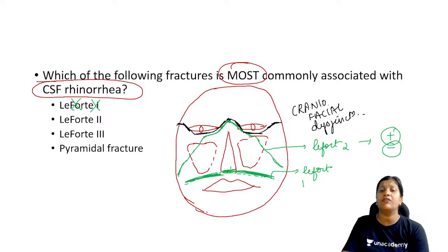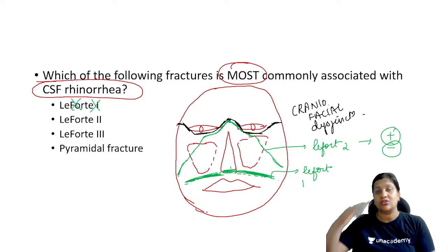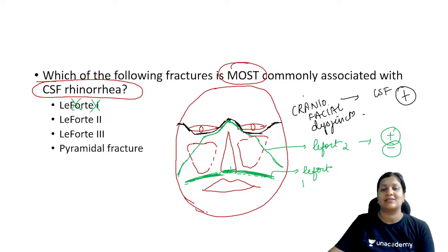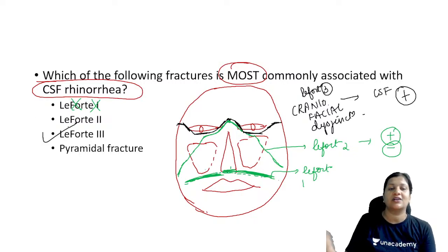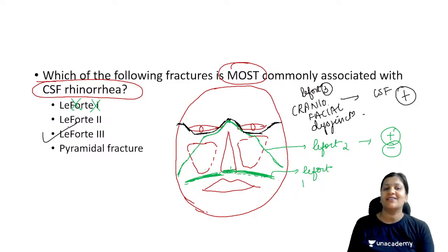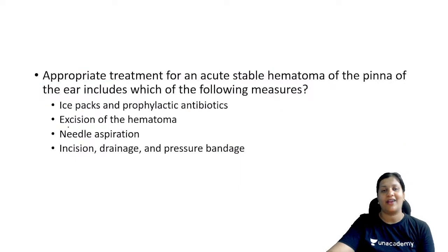So if you have a craniofacial disjunction where the cranial cavity has separated from the facial skeleton, will CSF rhinorrhea most commonly occur? Yes. So this is your Le Fort 3 or craniofacial disjunction, where you have the highest possibility of CSF rhinorrhea. So the answer is 3, which is Le Fort 3 fracture.